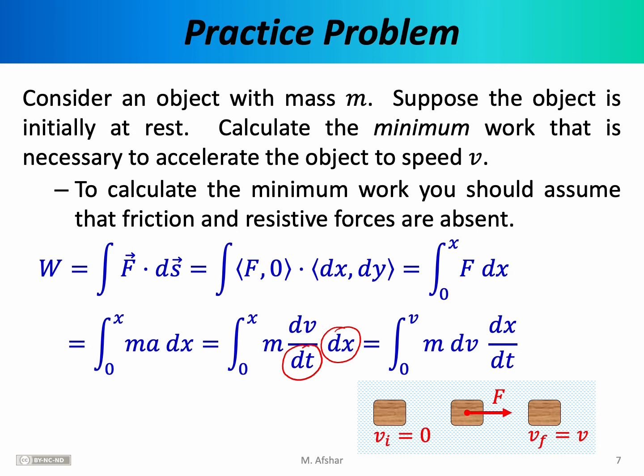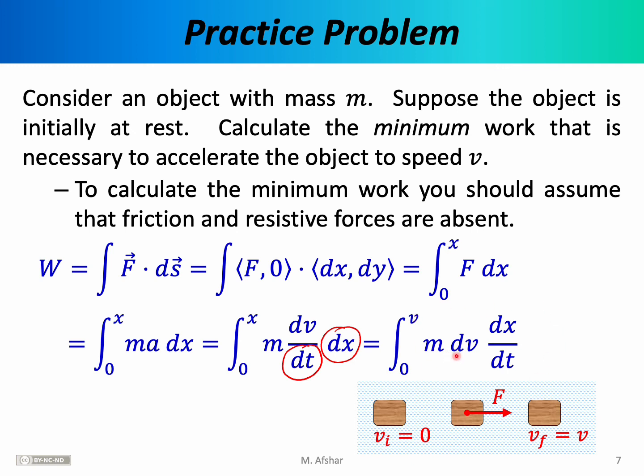We can move the dt over, and what we'll end up with is an integral of m dv dx over dt. Notice in executing this subtle maneuver, we're basically turning an x integral into a v integral, and therefore the limits of integration have to change from x to v.